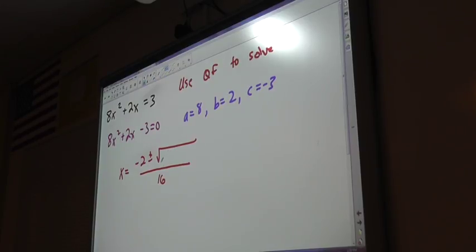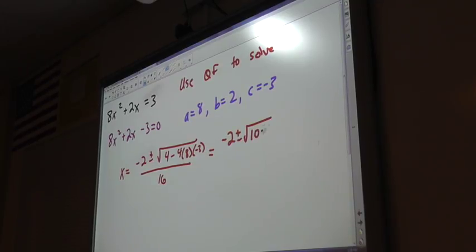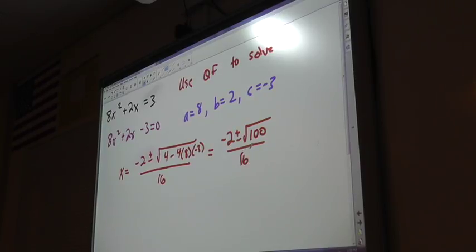So this is b squared, which is 4, minus 4ac, which is minus negative 96. Like I said, it was just 100. Show off, trying to get in your head. So -2 plus or minus 10 over 16.